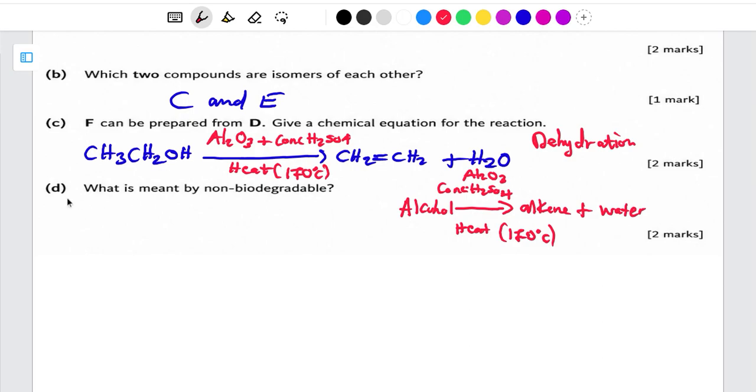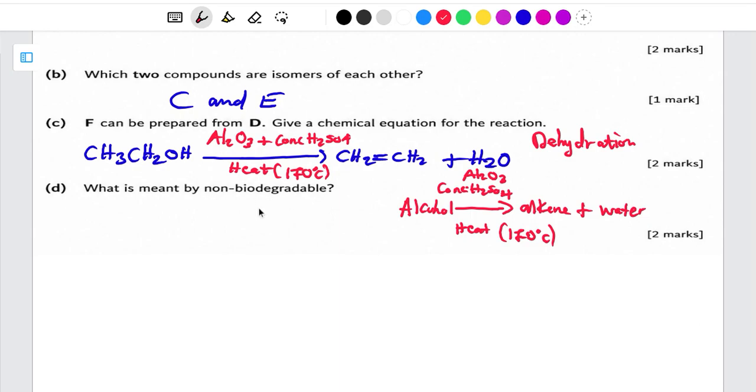Then the last question is asking us to explain what is meant by the term non-biodegradable. There is a term biodegradable and non-biodegradable. Biodegradable substances are substances that can decay naturally by microorganisms.